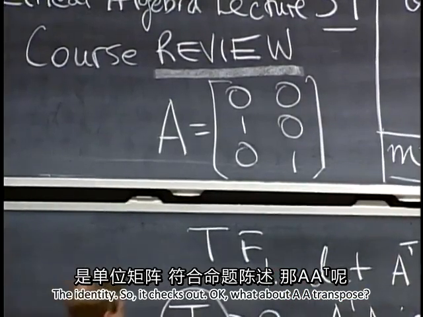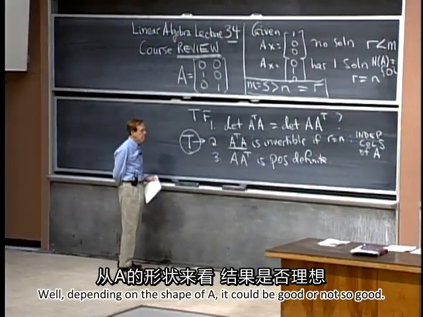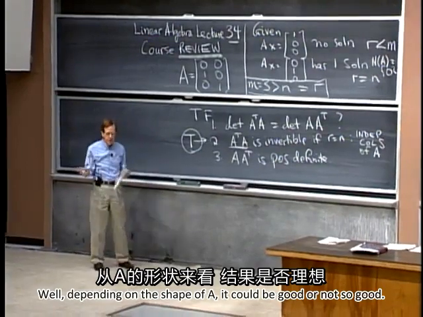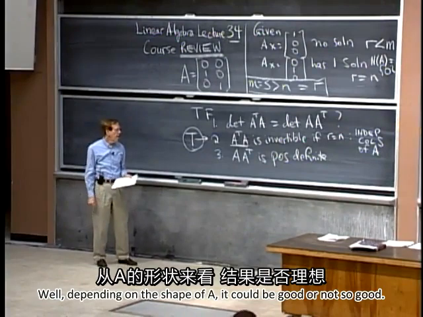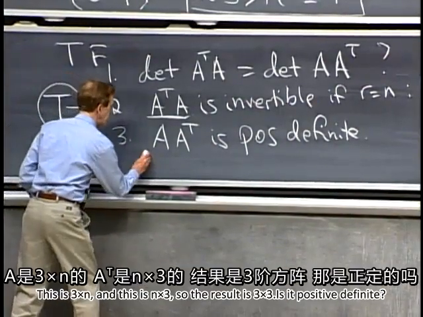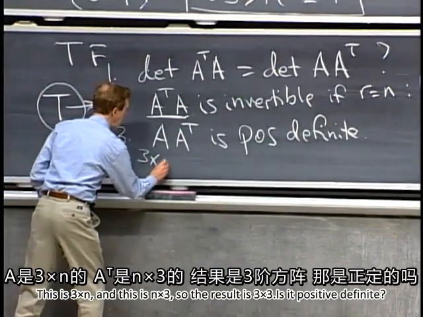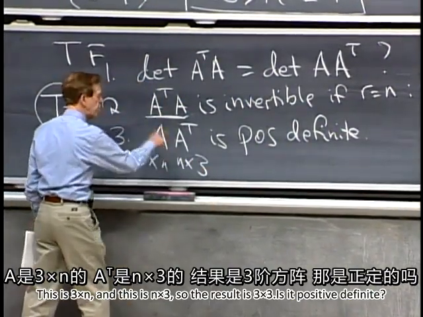Okay, what about AA transpose? Well, depending on the shape of A, it could be good or not so good. It's always symmetric, it's always square, but what's the size now? This is 3 by n, and this is n by 3. So the result is 3 by 3.